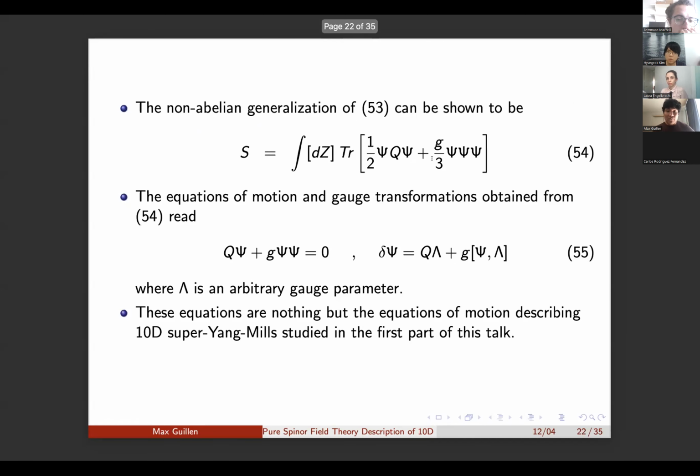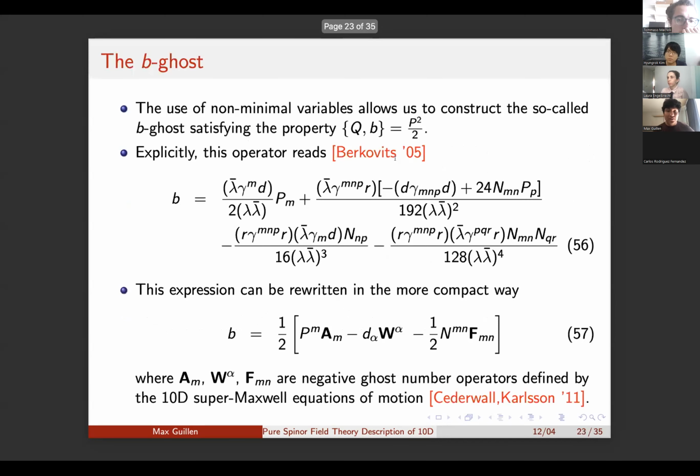Good. So in order to invert this kinetic term here, I need to find the operator which allows me to invert this propagator, right? The object which will allow me to do that is called the big B, and this big B satisfies this equation here.